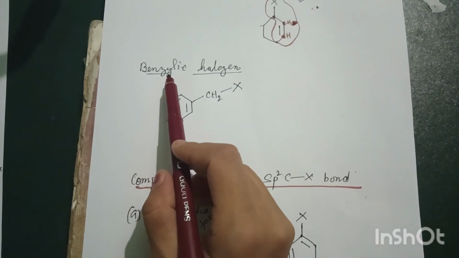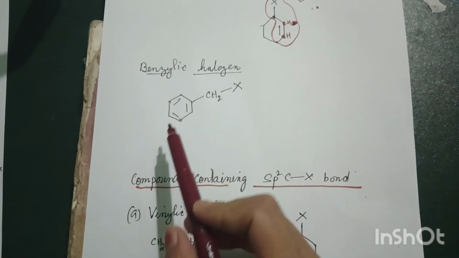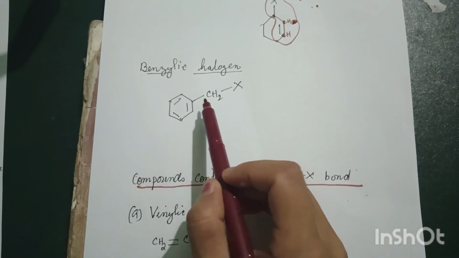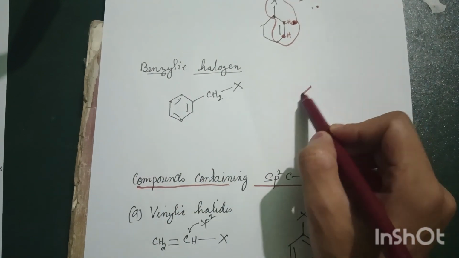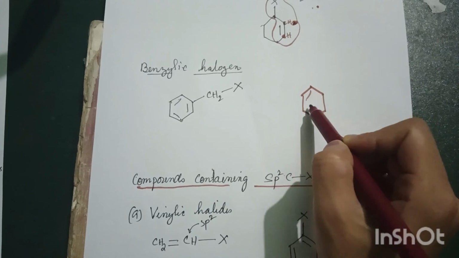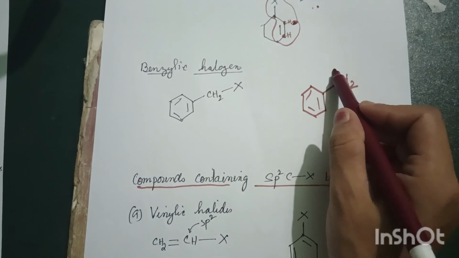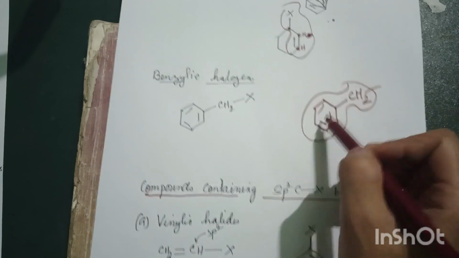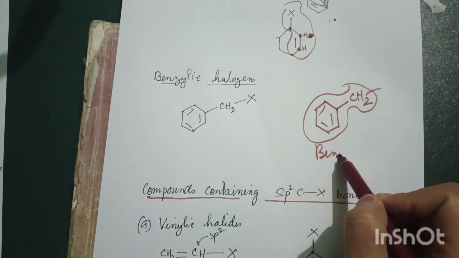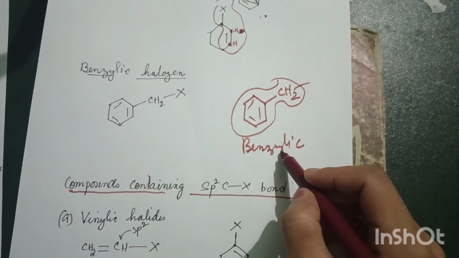Next we'll go to the benzylic halogen. When we talk about benzylic, remember benzene. So this is your benzene, but we are going to talk about benzyl. When we talk about benzyl, CH2. So this is your benzyl group. Now this is your halogen, so benzylic halogen.